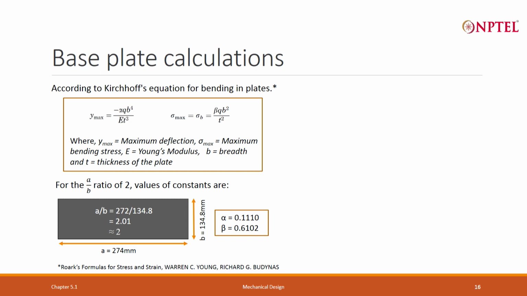With that aspect ratio, from this design data book or the formulas book, we can get the values of alpha and beta directly. We already know Q, Q is nothing but load. B we already know, E we already know, sigma max we already know.